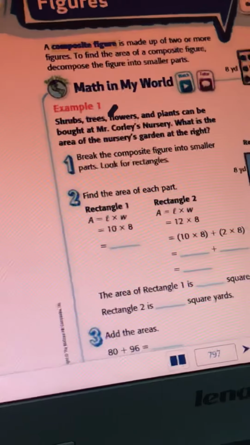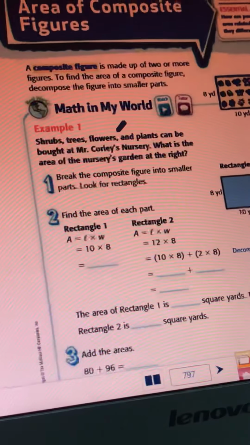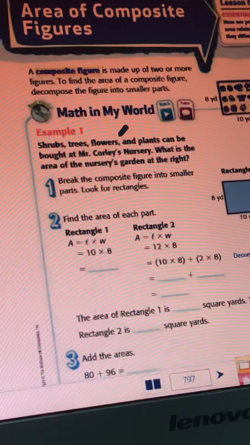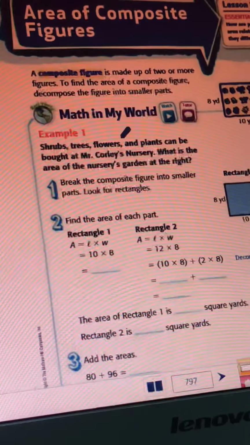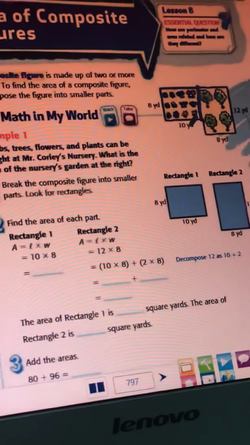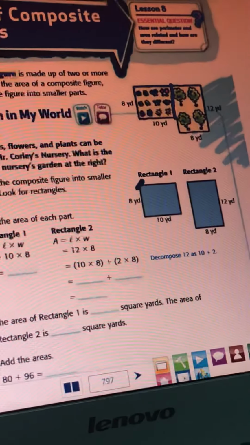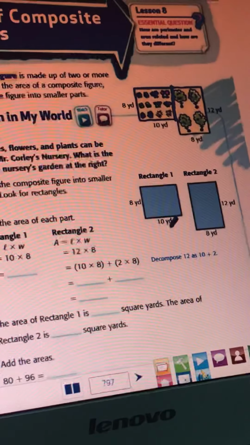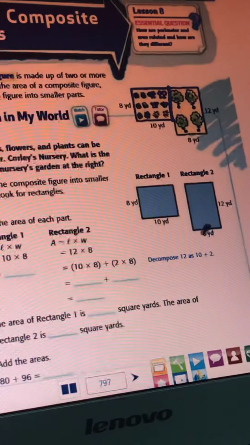Shrubs, trees, flowers, and plants can be bought at Mr. Carley's nursery. What is the area of the nursery gardens at the right? As you can see, the composite figure was divided into two rectangles. The first one is 8 by 10, and the second rectangle is 12 by 8.